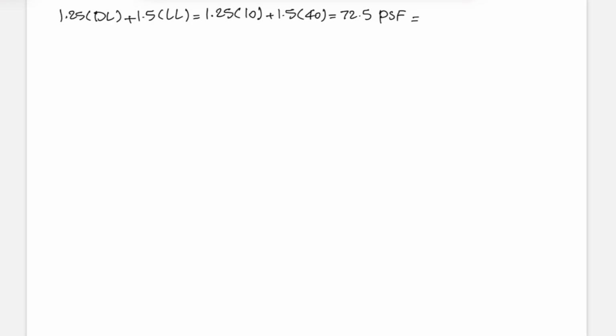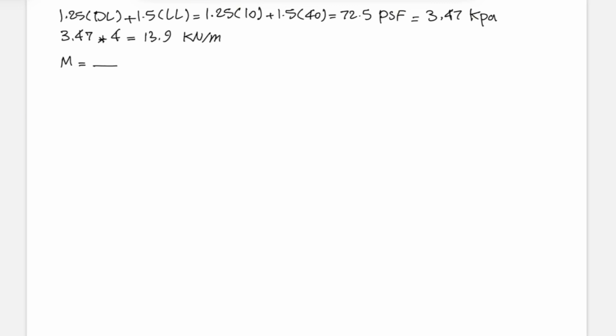That converts to 3.47 kilopascals. Multiplying 3.47 by the 4 meter tributary width gives a factored line load of 13.9 kilonewtons per meter.